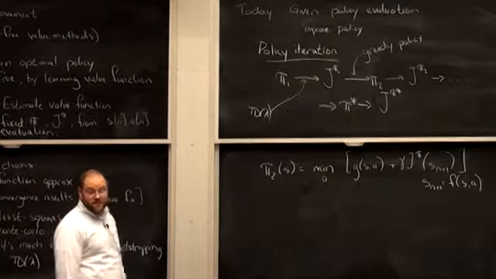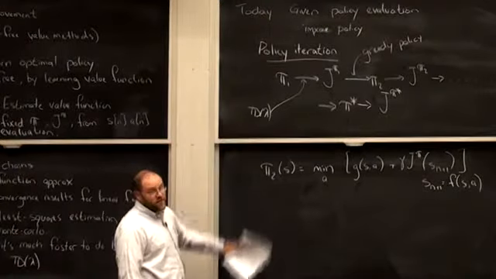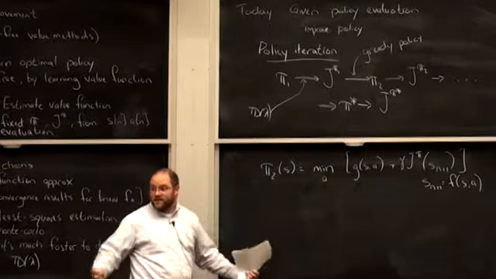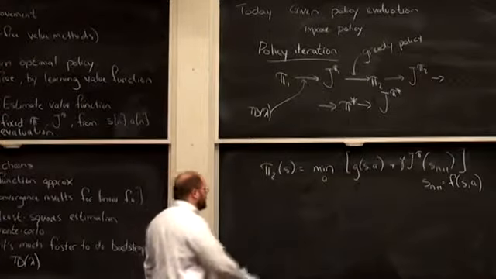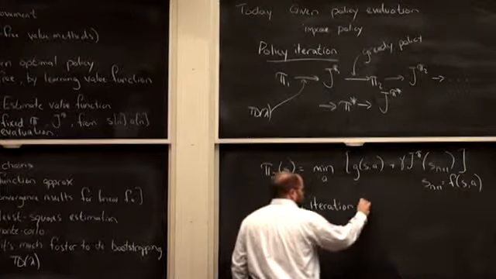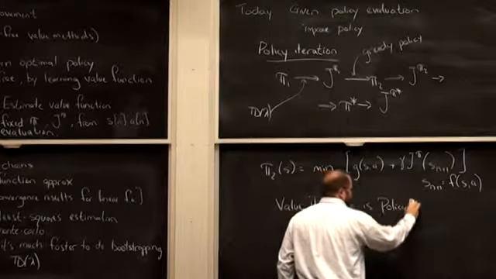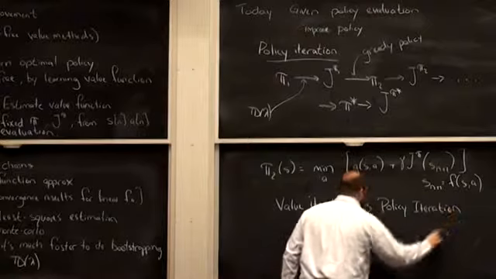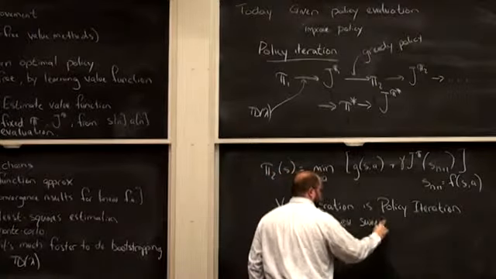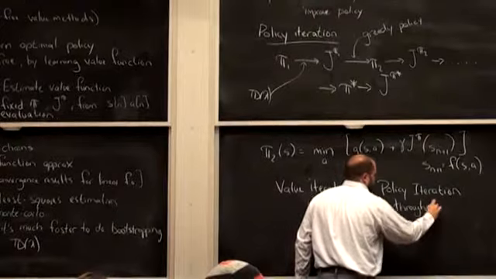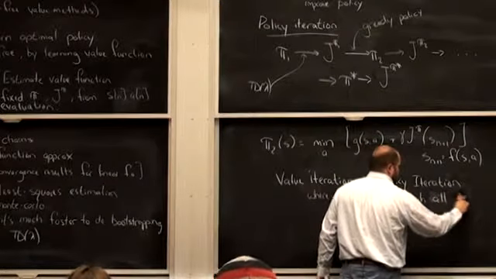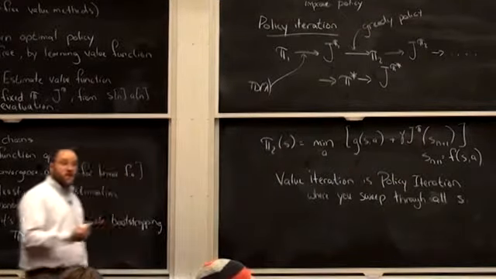So value iteration, or dynamic programming, is exactly policy iteration in the case where you do a sweep through your entire state space every time, and then do an update, sweep through your entire state space, do an update, right? Absolutely. Okay, but it's a more general idea than just value iteration.